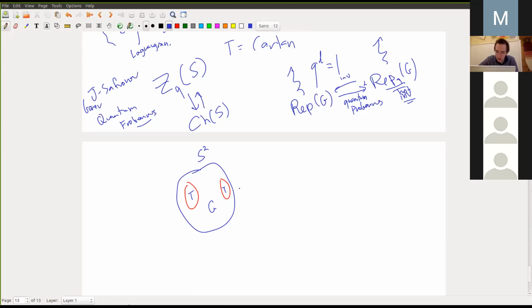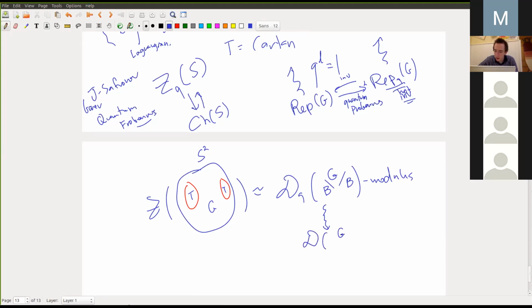Make sure I'm saying this right. So Z of this can be identified with a category that I'll write suggestively as DQG mod B modules. And this category is a deformation, in a precise sense, of the Hecke category, so of some B×B-equivariant D-modules on the group G.